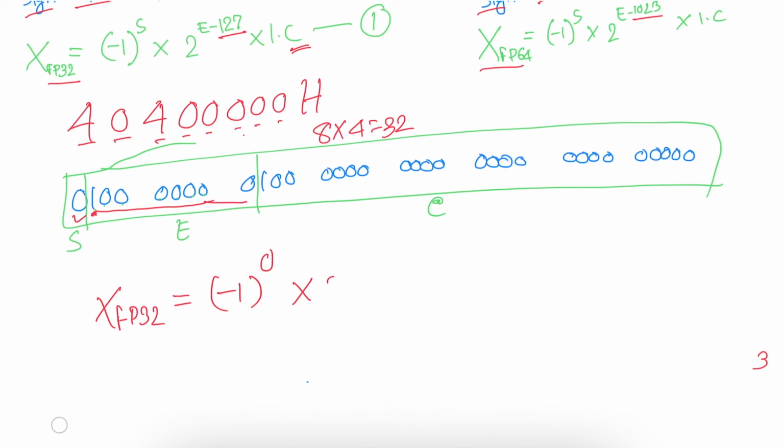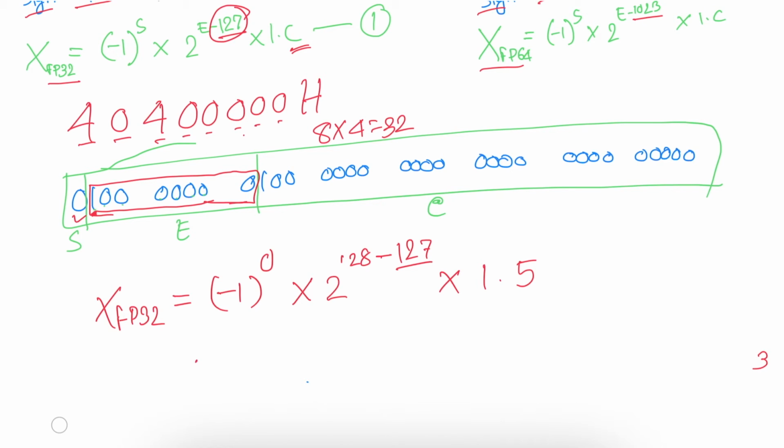Calculate the exponent: the value of this part is 2 to the power 7, which is 128, minus 127, which is from the formula, times 1 plus the coefficient after the point, which is 0.5.